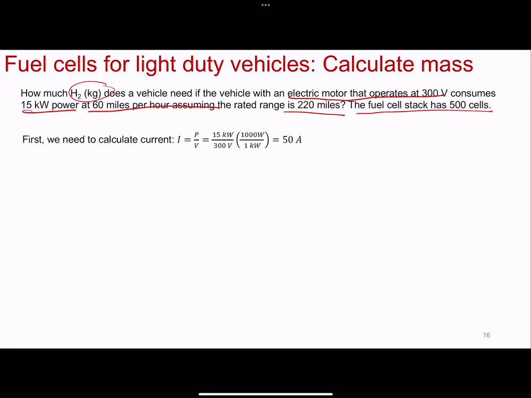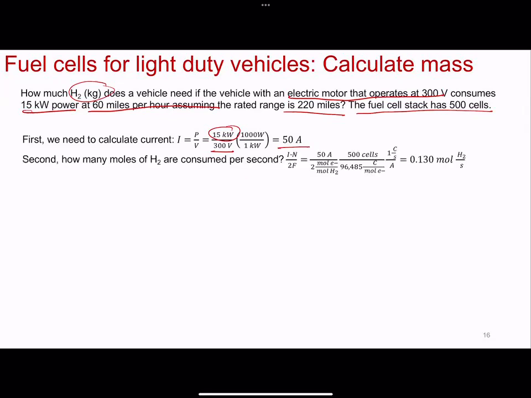So we need first to calculate the current, right? So the current is power divided by voltage. So the 15 kilowatt power electric motor divided by its rated voltage gets us 50 amps. And that's the current that it's going to draw.